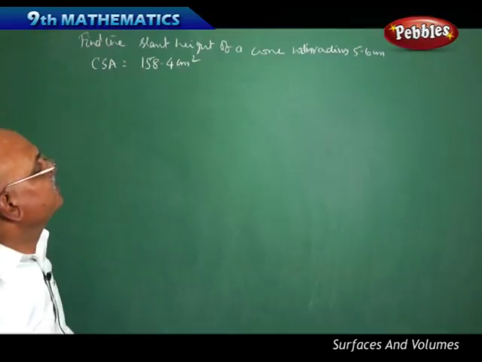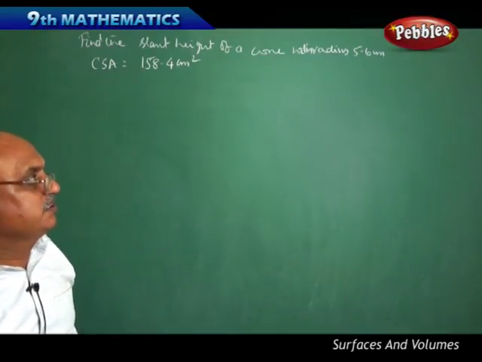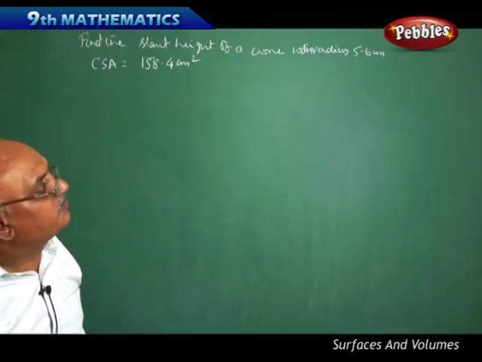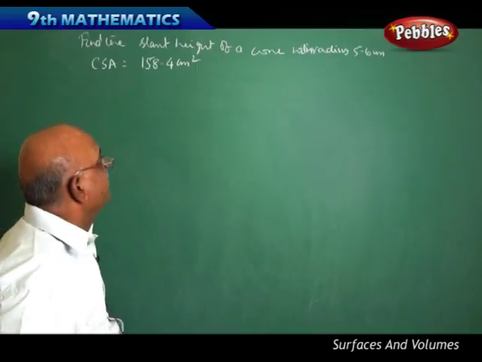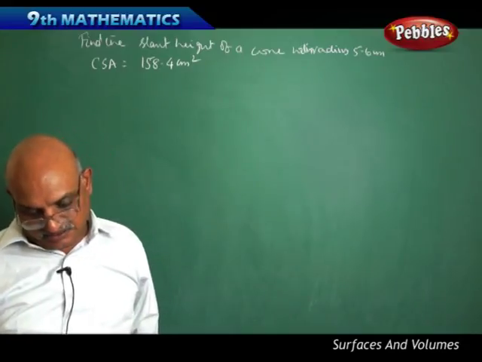Now we want to find out the slant height of a cone. The base radius is given as 5.6 centimeters and the complete surface area is 158.4 centimeters square.